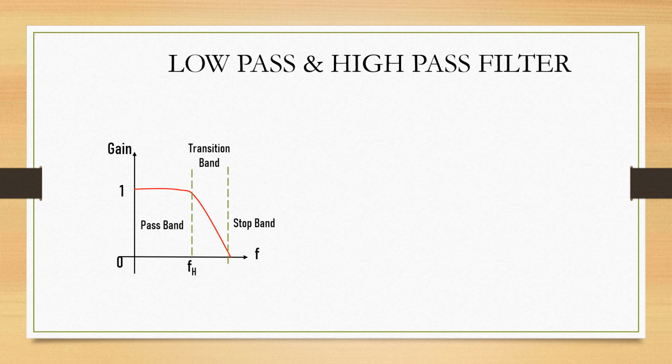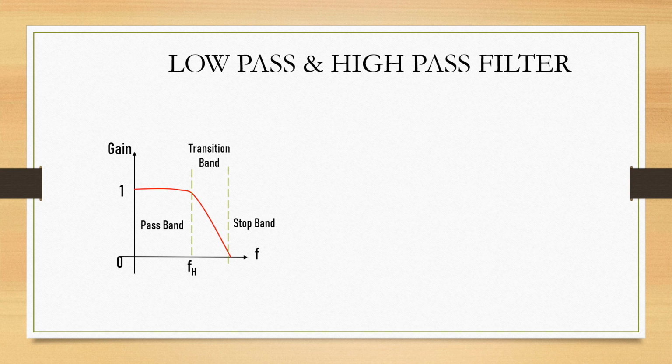In the transition band, in the practical case, the gain of the filter decreases as the frequency increases, and at f equal to fH the gain is down by 3 dB, and after fH it decreases at a higher rate, as seen from the frequency response. After the end of the transition band, the gain becomes 0.